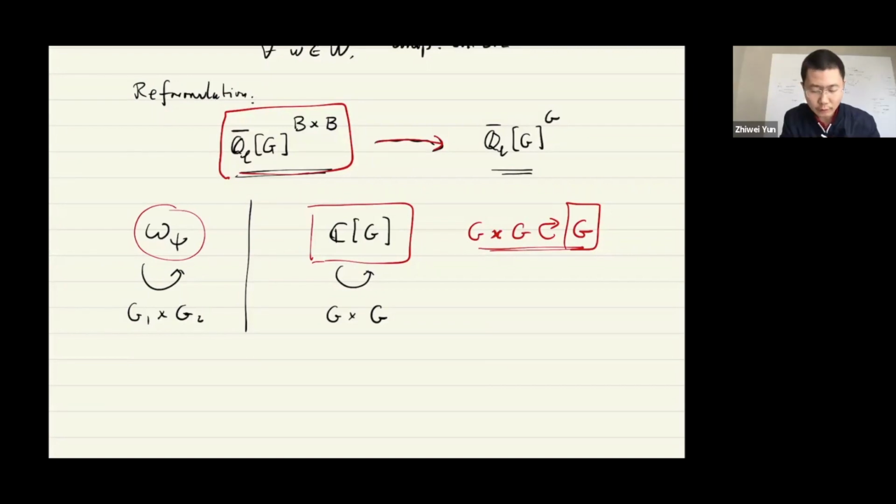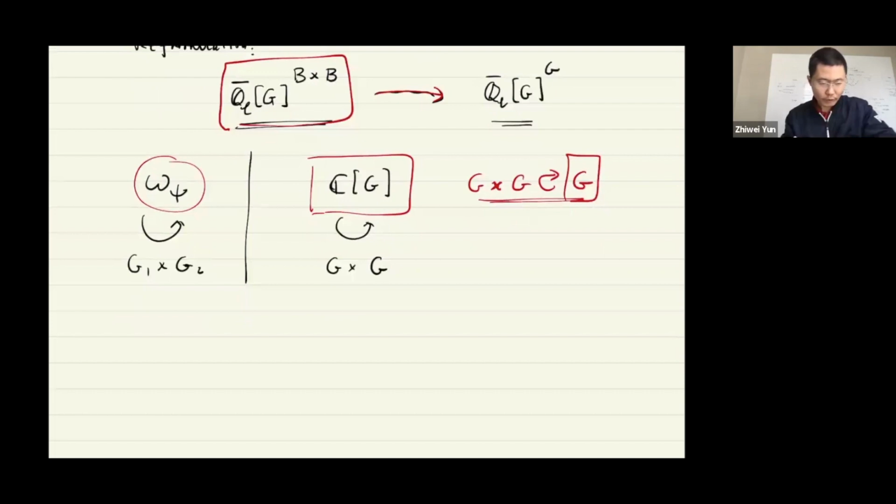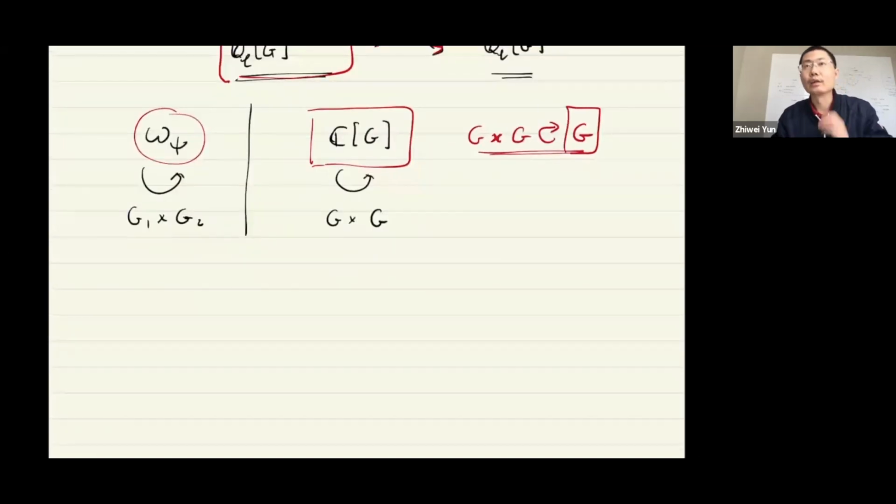We have a Schrödinger model, which only allows us to see part of the symmetry. That's what makes this problem not a trivial generalization, not a trivial analogy of the theory of character sheaves. Any questions?